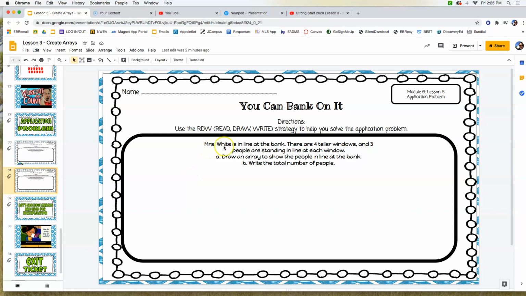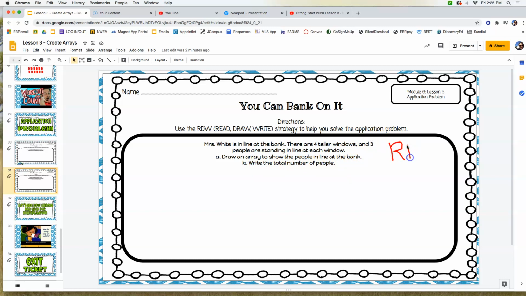So Mrs. White is in line at the bank. There are 4 teller windows, and 3 people are standing in line at each window. A. Draw an array to show the people in line at the bank. B. Write the total number of people.